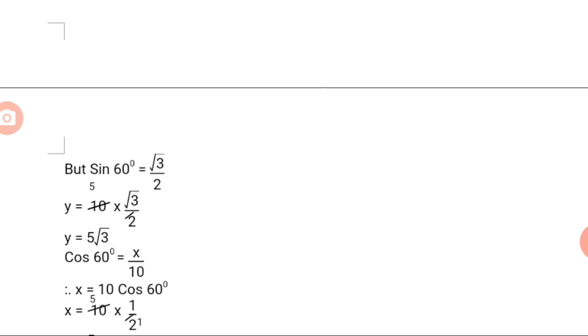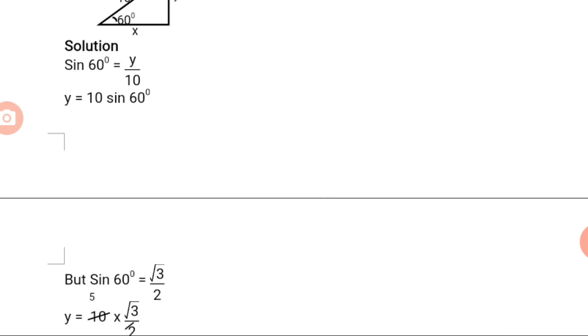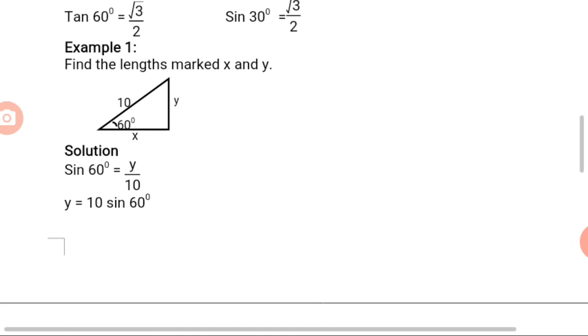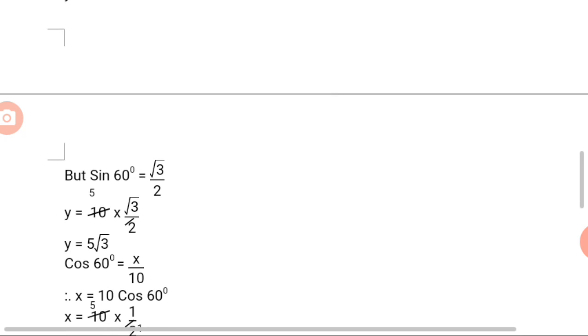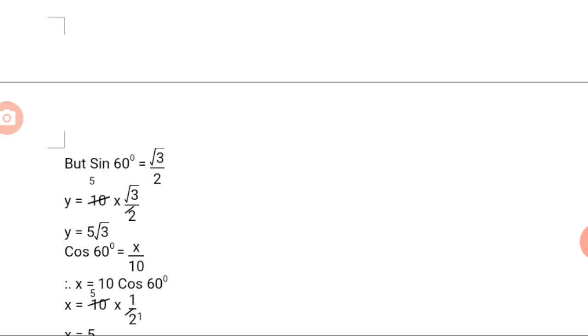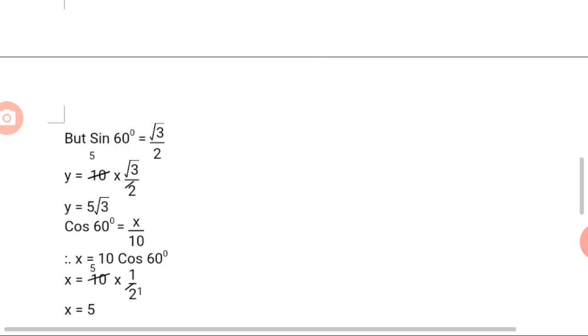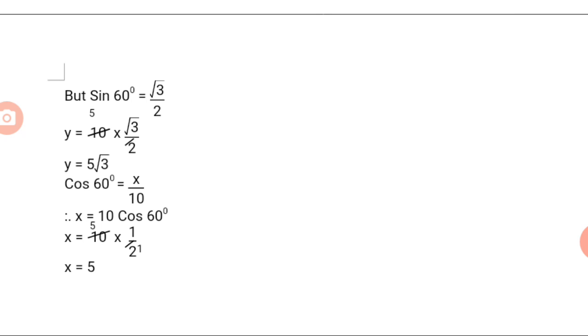The side adjacent to angle 60 degrees is x, while the hypotenuse is 10. Therefore, cos 60 degrees is x all over 10, so x is equal to 10 cos 60 degrees.